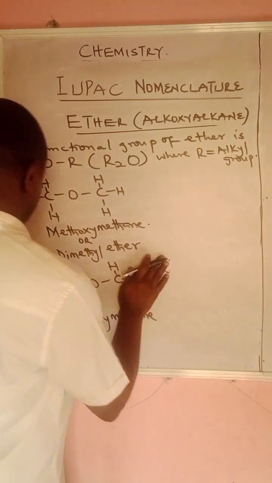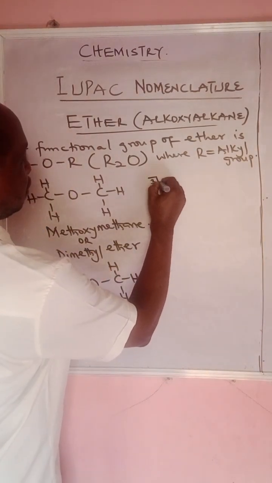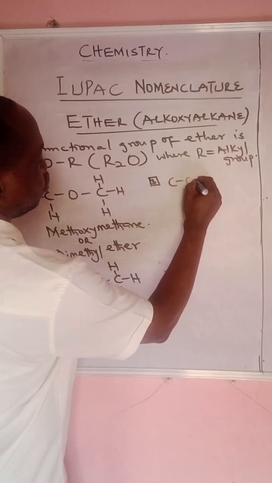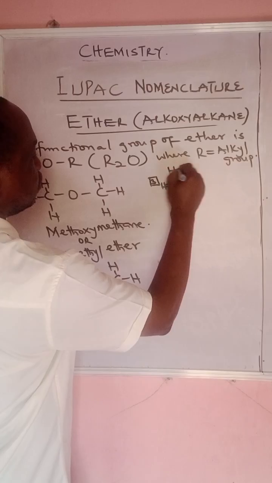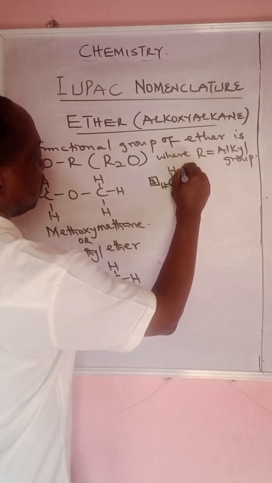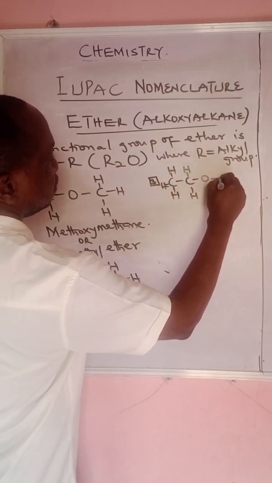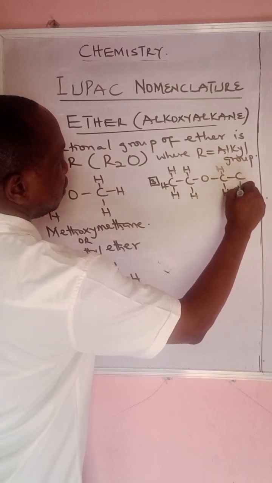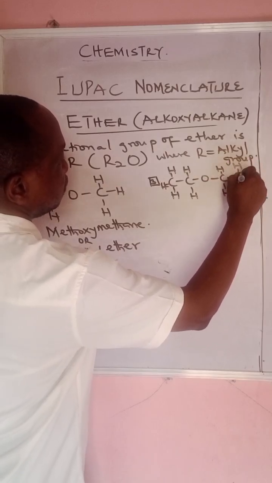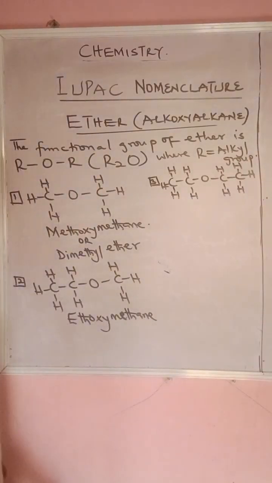So 3. Let's say you have 1, 2, with hydrogens on each carbon. How many?